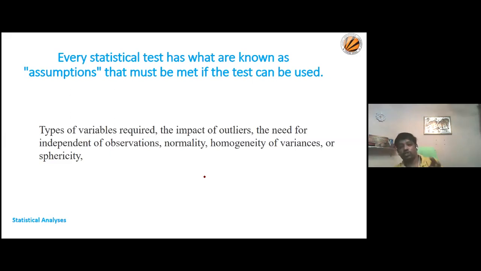All of these items relate to your assumptions. So when you analyze the data, every dataset should meet these kinds of assumptions.